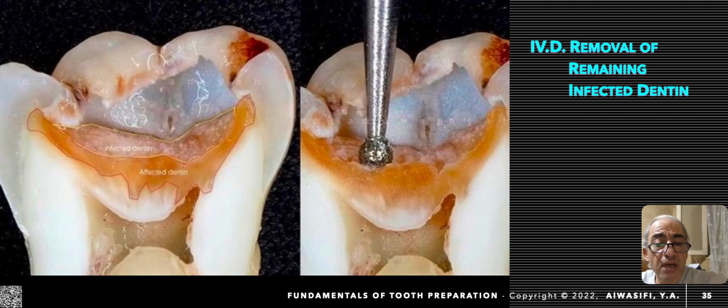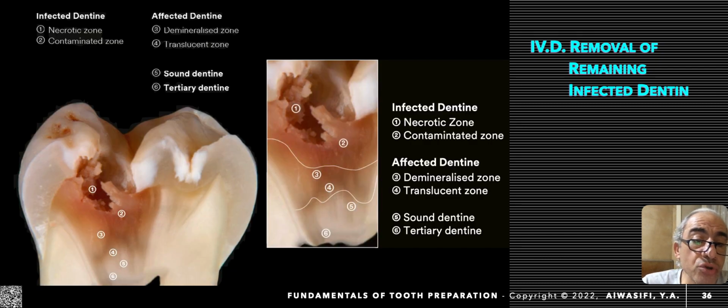These are sections denoting that the outermost layer is the infected, mushy, wet one, and the inner layer is the affected one. Reviewing the histological zones of dental caries, these 6 zones, the first ones, the necrotic and the contaminated zone, are related to infected dentine.